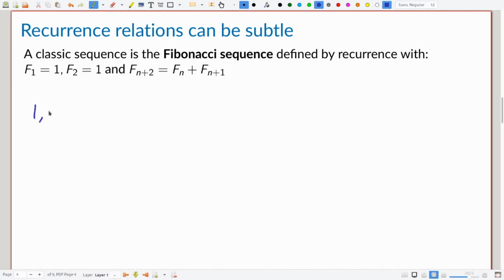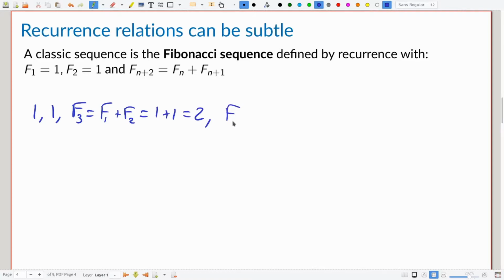We have 1, 1, so that's F1, F2, and then F3 is going to be, that's n plus 2, so n equals 1 here. So we have F1 plus F2, that's 1 plus 1, so that is equal to 2.